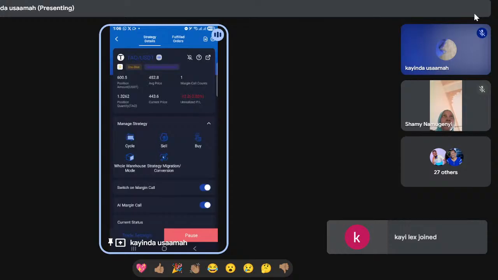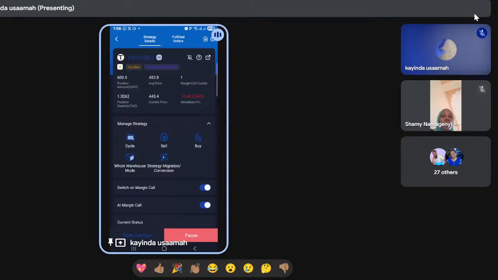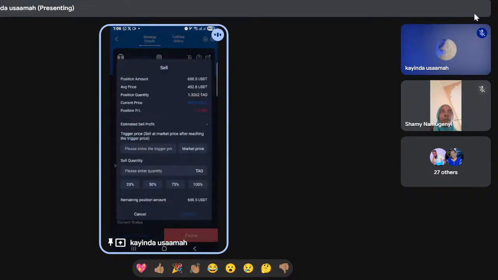But I can force it with the order from above. I tap the sell button, I tap market price, I tap 100%. The moment I confirm, the robot will sell at a loss. Then this loss will be real. Do you remember what I talked about unrealized PL? If you do this, this loss will become real.